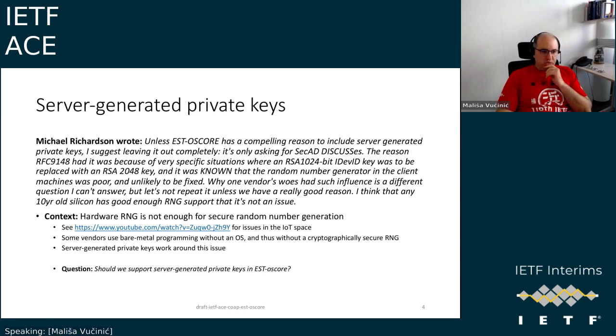Okay, so maybe to respond to Michael's comment about bare metal, that they need to code bare metal secure RNG or they will have lots of problems. This is true. I'm just stating the fact that some vendors are using bare metal programming approaches.